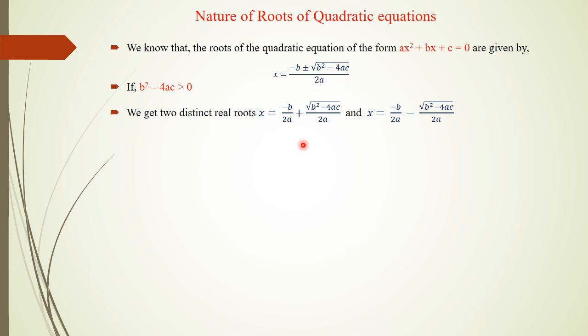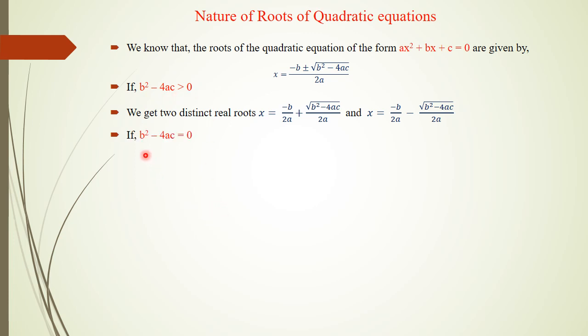But in this case, if b square minus 4ac is greater than 0, we'll get real roots and both roots will be different. They will not be identical. And how to calculate those roots? It is given by minus b by 2a plus square root of b square minus 4ac divided by 2a. And the other one is obtained by replacing this plus sign by a minus sign. So these two distinct roots you will get when b square minus 4ac is greater than 0.